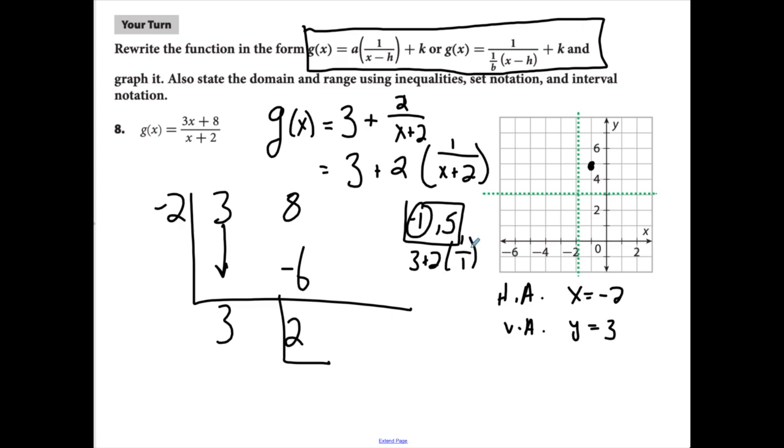And then let's see. I want to make it negative 1, so I'm going to do negative 3. 3 plus 2 over negative 1, because negative 3 plus 2 is negative 1. So it becomes 3 minus 2, or 1. Negative 3, 1. So this one is decelerating pretty rapidly.